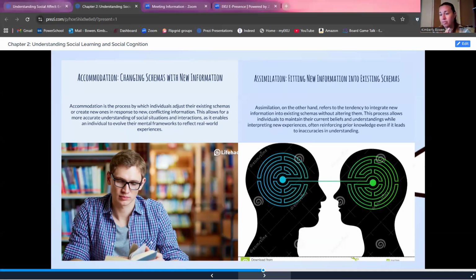So that's the schema that we've come up with for this type of person, or this type of cultural element, or this type of holiday, or this type of event. And then we interact with these kinds of people, or we're at this event, and suddenly we have to reshape our schema. And sometimes that happens and sometimes that doesn't. And that's kind of what we're going to get into in this next part.